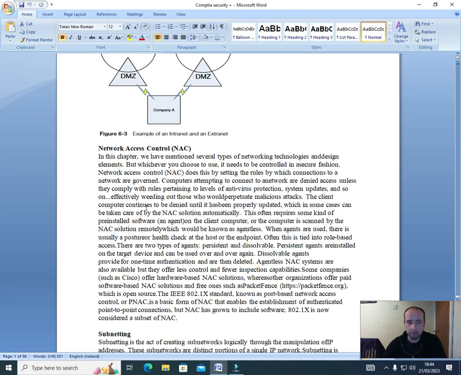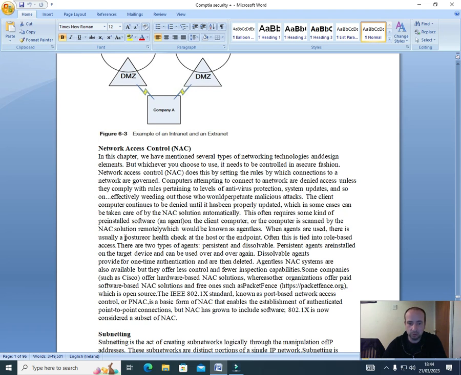The client computer continues to be denied until it has been properly updated, which in some cases can be taken care of by the NAC solution automatically. This often requires some kind of pre-installed software agent on the client computer, or the computer is scanned by the NAC solution, which is known as agentless.